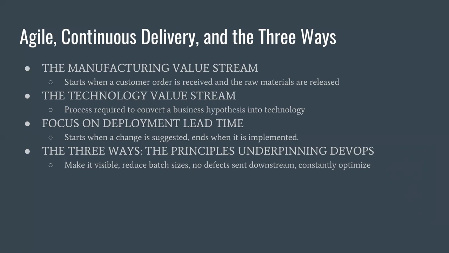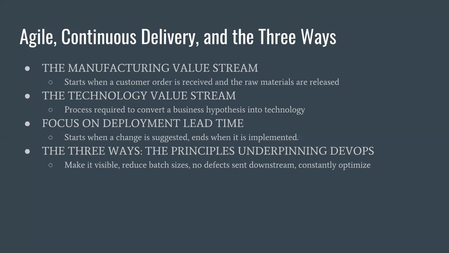So the manufacturing value stream started when a customer made an order and you released some raw materials out onto the factory floor, and you continued with your value stream to try and get that end product to the customer. Now, a technology value stream is similar to that, but that process is what is required to convert a business hypothesis or an idea into a workable technology for your end user. So similar in area, but not everything is going to adapt over.